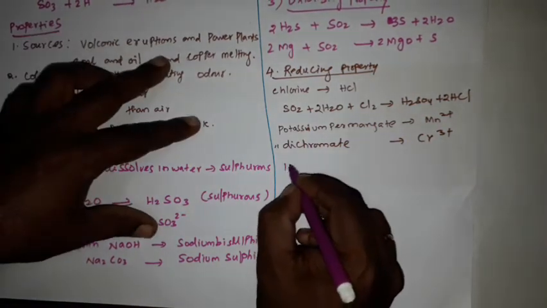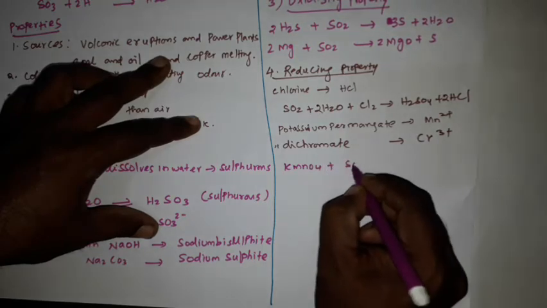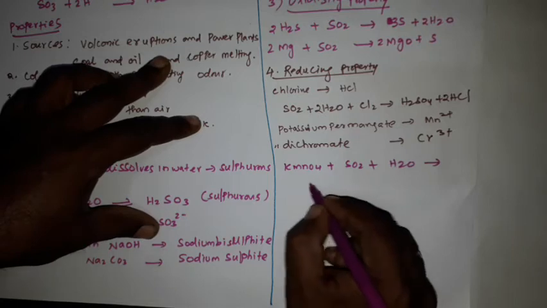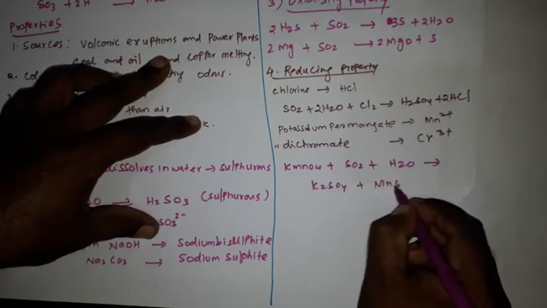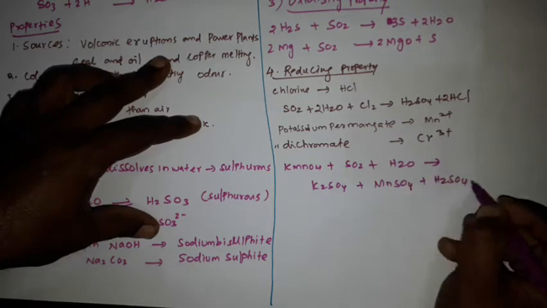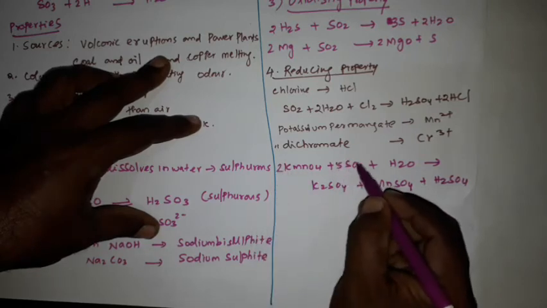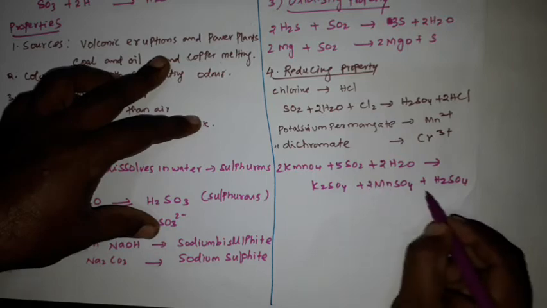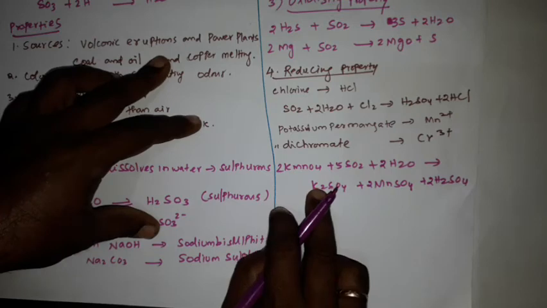So first equation, KMnO4, potassium permanganate plus SO2 plus H2O, it will produce K2SO4 plus MnSO4 plus H2SO4. Okay, now balance the equation. So put 2 here, 5, then 2 here, then 2 here, then 2 here. Okay, so it will reduce to manganese ion.